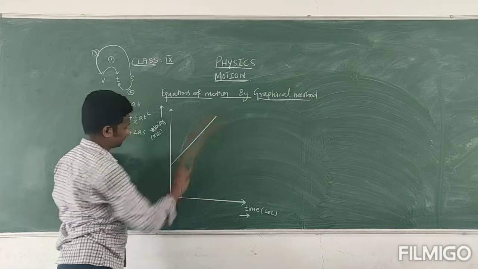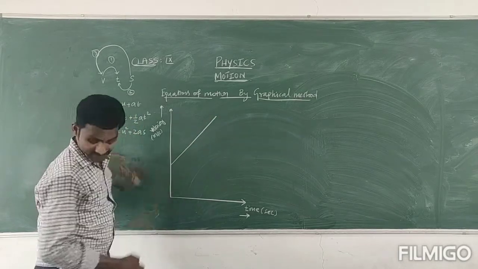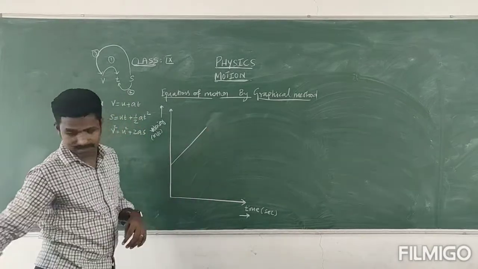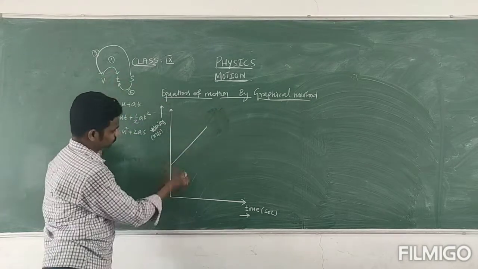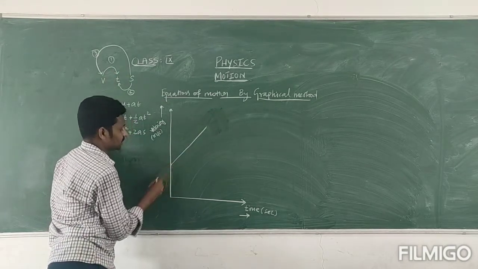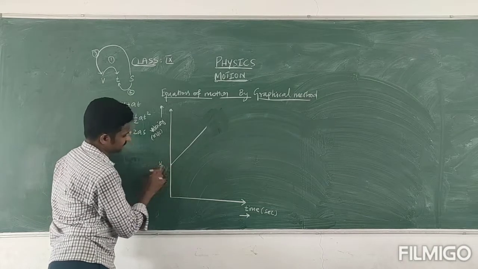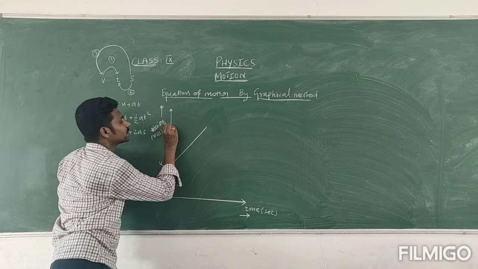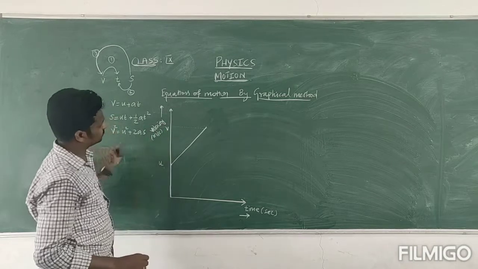This is the graph. Listen here. If you observe this graph, I just mention this point as the initial velocity u. Then here I can mention this is the final velocity v.